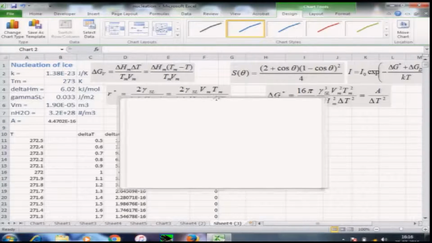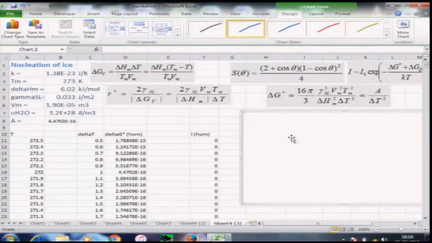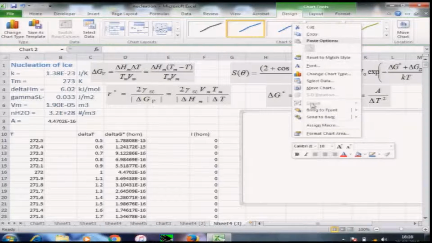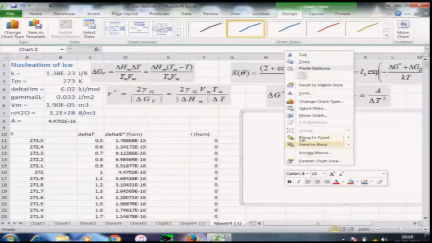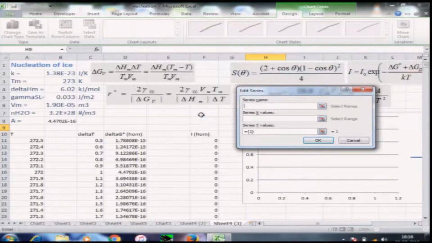So, I get an empty plot and I will select the values now for the x and the y axis. So, I right click on the plot, select data and add. So, I add what are the x values.